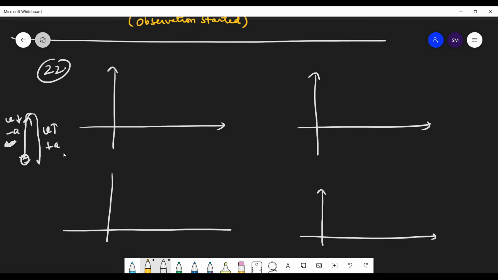So which of the following graphs represent the motion of a body thrown vertically upward? So we have, this is the first graph. This is the second graph. So these are velocity time graphs.